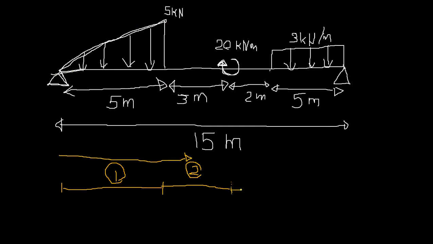After meeting the bending moment, in this part you don't have anything, so you just consider that part as well. Here also, except for this loading, you don't have anything. So I consider a representative point here, and here, and here.